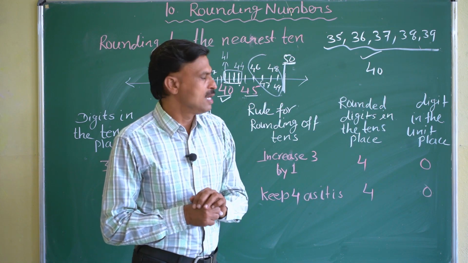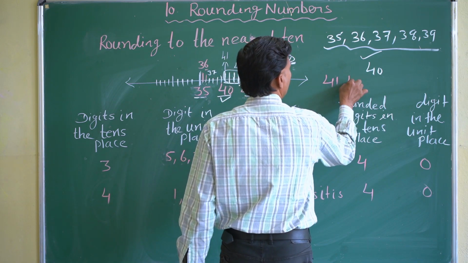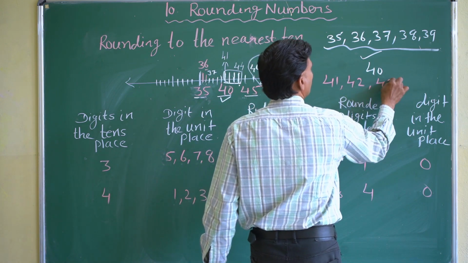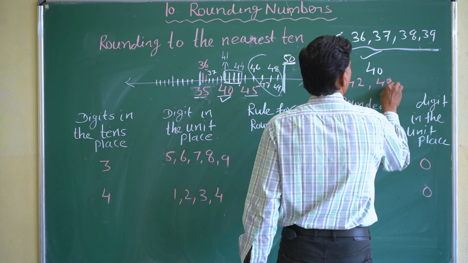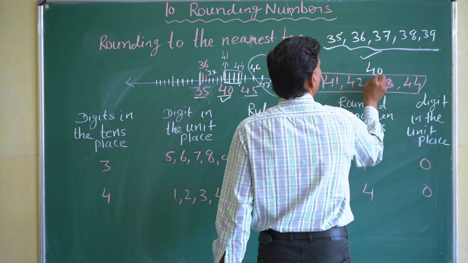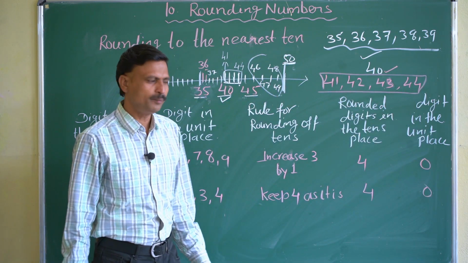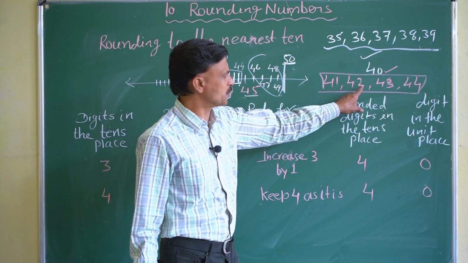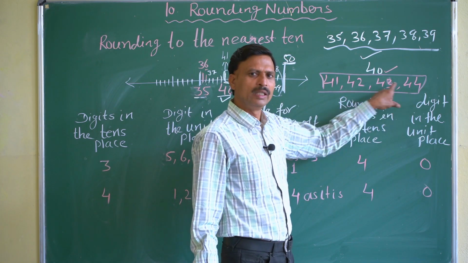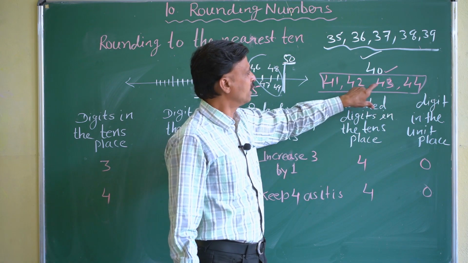Same thing if the numbers are 41, 42, 43, 44. When we round these off to the nearest 10, they will also give 40.